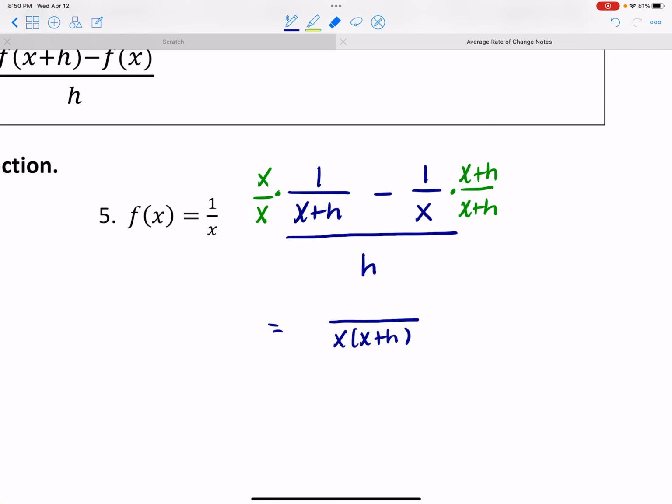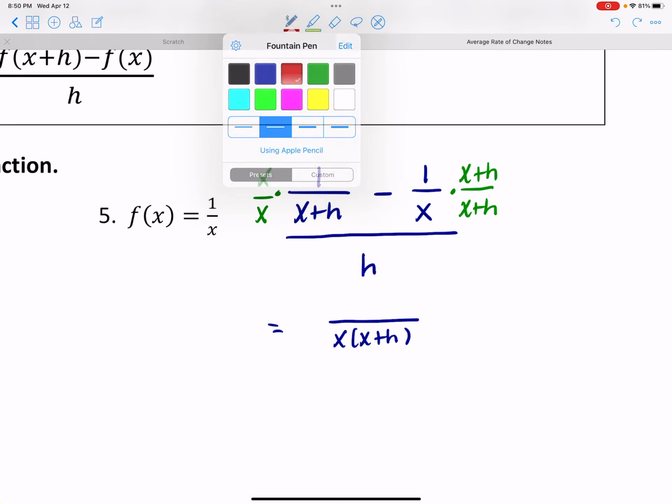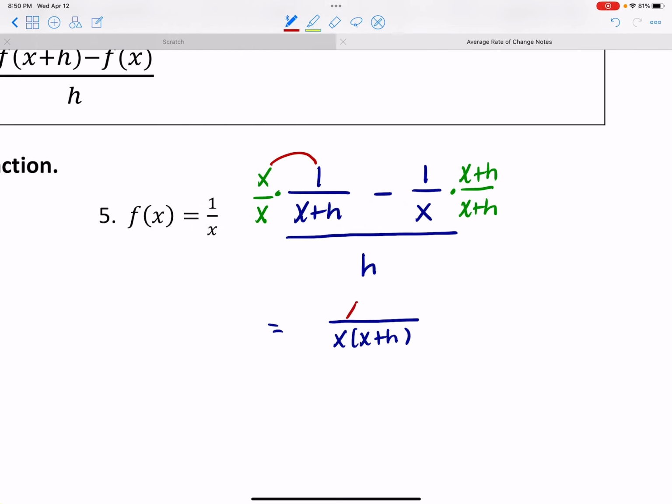All right, so this common denominator, I just brought that down. And now in the numerators, I'm bringing down the x times 1, which is going to be x, and then a minus 1 that has to distribute to both of these. So it'll be minus 1 times x and minus 1 times h, so a minus x and a minus h.